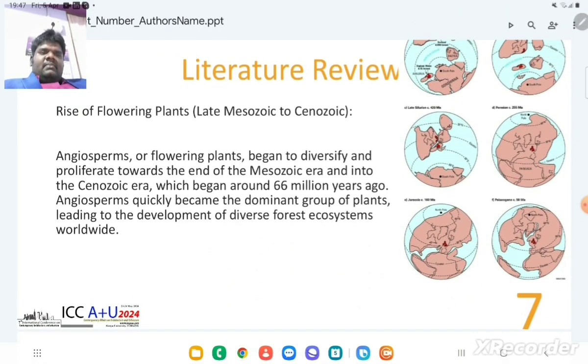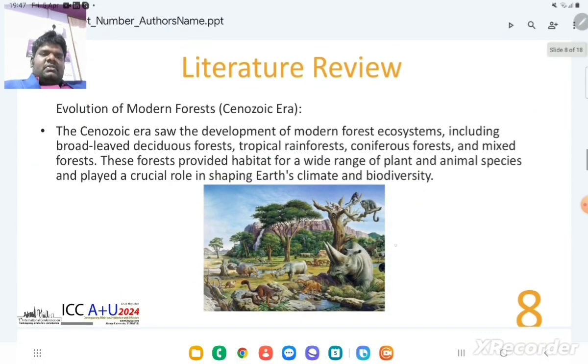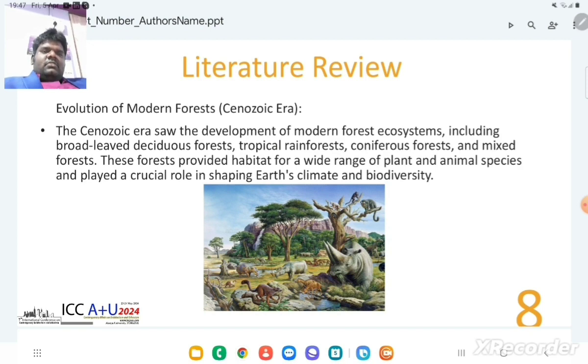Okay, then came the late Mesozoic to Cenozoic. Angiosperms, or flowering plants, began to diversify in the Cenozoic era, which began around 66 million years ago. Angiosperms quickly became the dominant group of plants, leading to the development of diverse forest ecosystems. Then came the evolution of modern forests.